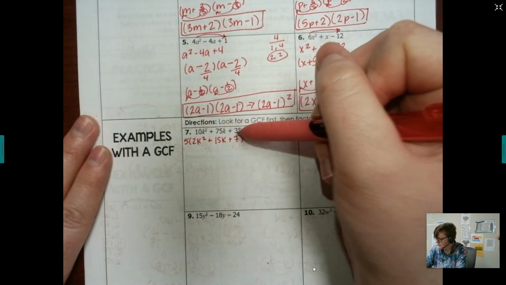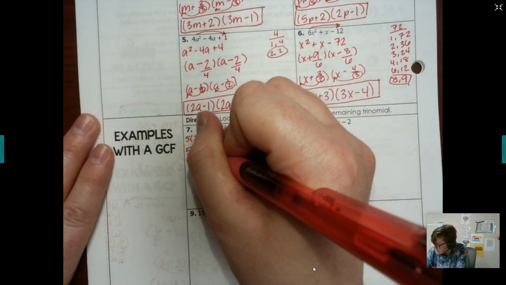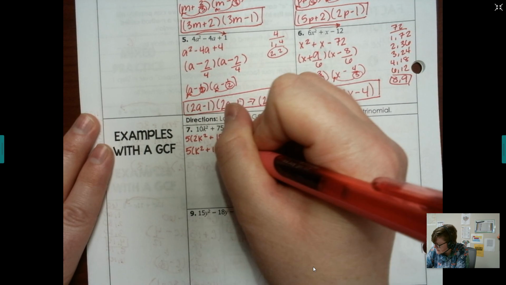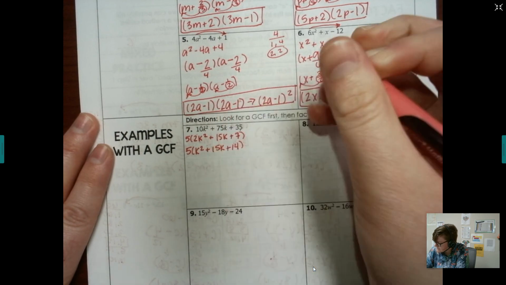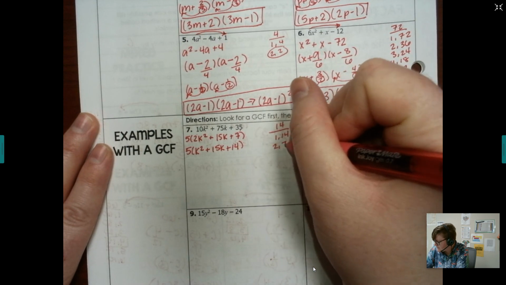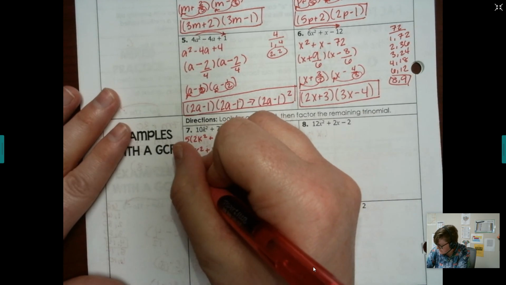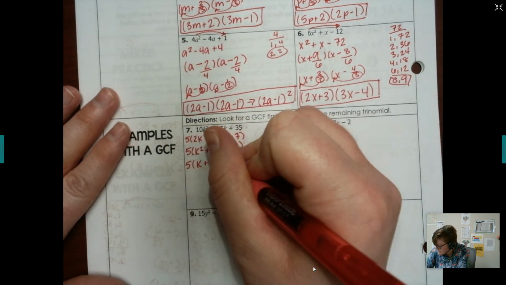Bring that 2 to the front. 5 times k squared plus 15k plus 14. Options are 1 and 14 or 2 and 7. And we want them to add up to make 15. So bringing it down, k plus on both.